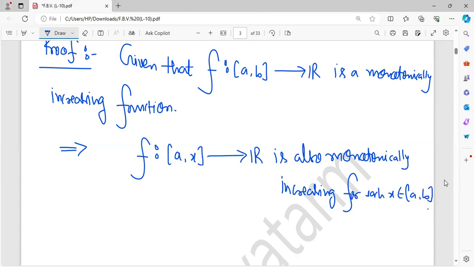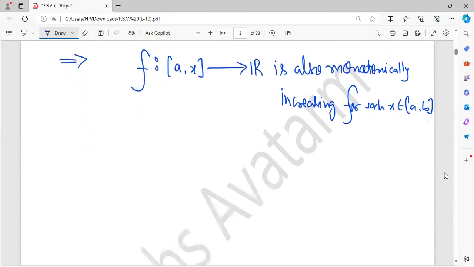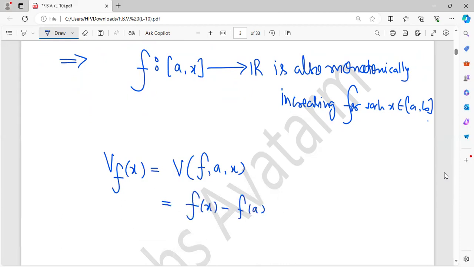And we know that monotonically increasing or decreasing functions are functions of bounded variation. And the total variation is given by, so what will be V_f(x)? This will be V_f on [a, x]. Because every monotonically increasing function is a function of bounded variation, and its total variation is given by the absolute value of f(x) minus f(a). But it is monotonically increasing, so f(x) will be greater than f(a), so the absolute value will not affect anything.